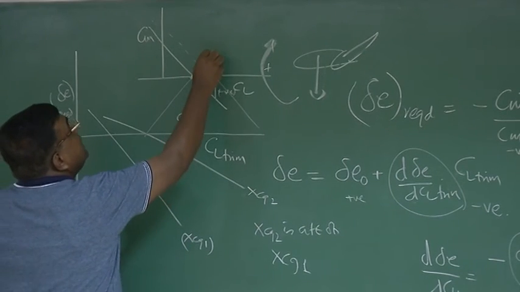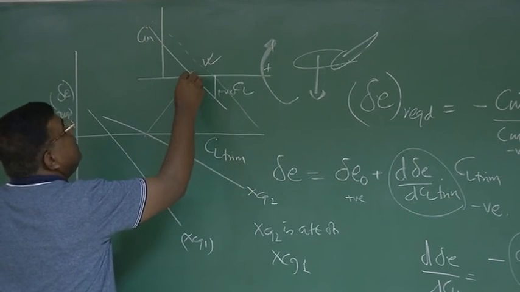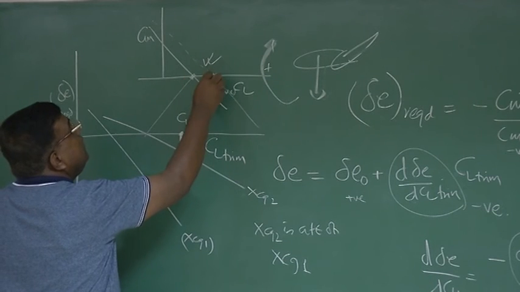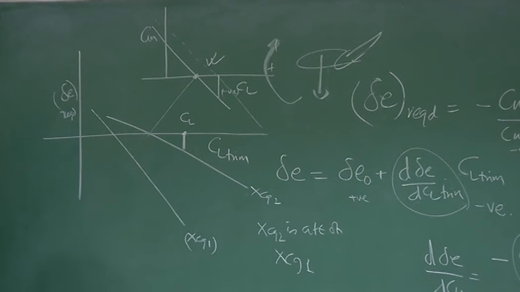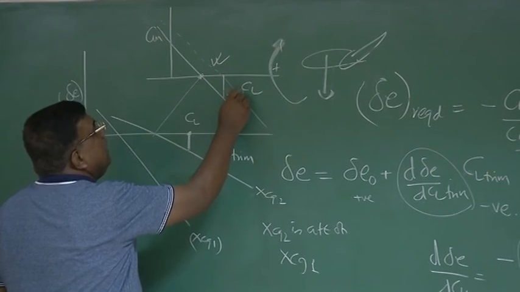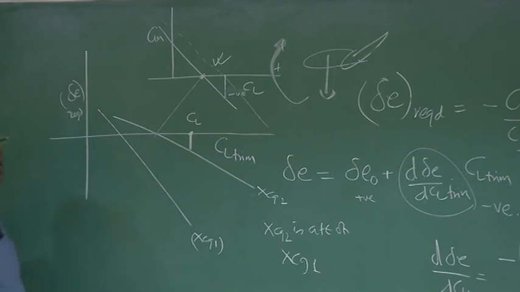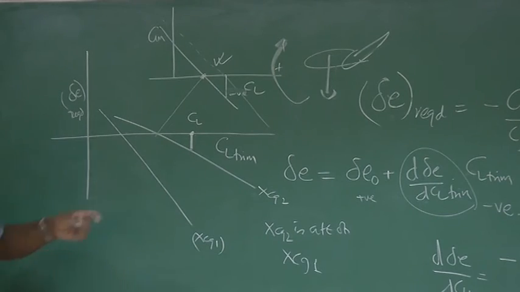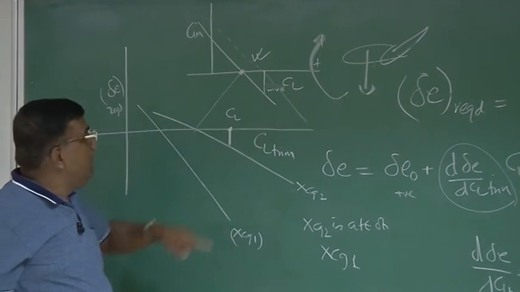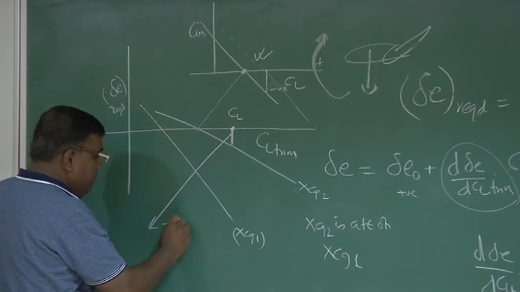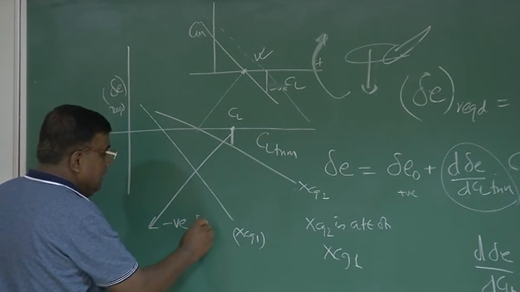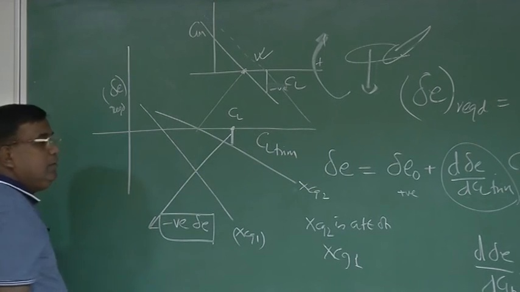So from here I understand that if I want to fly from a CL to a new CL which is more than the CL at which I was flying, I have to ensure that the elevator deflection is positive, because it has to counter this negative Cm. And what am I getting here? Here also I am getting negative delta E. And what is negative delta E?